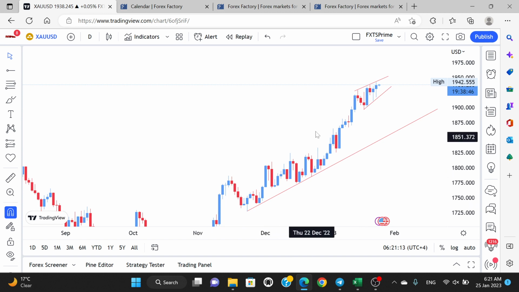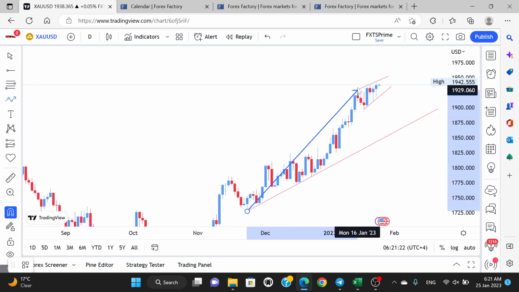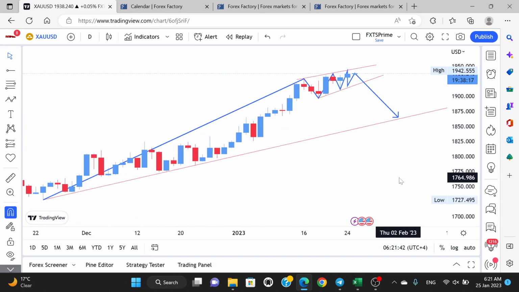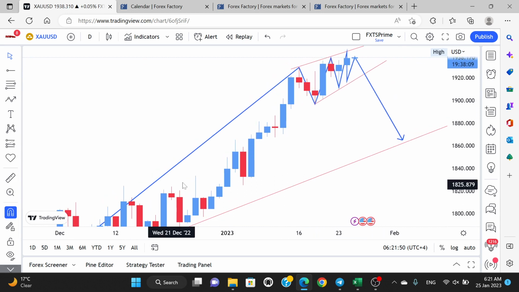Let's say this is a swing. This is a swing. And I believe this is now the reversal pattern, and this could be going to this trend line. Now I want you to see the bigger picture of this movement.